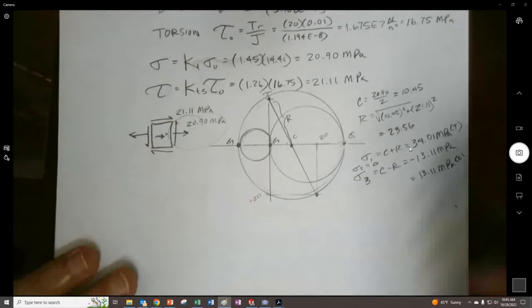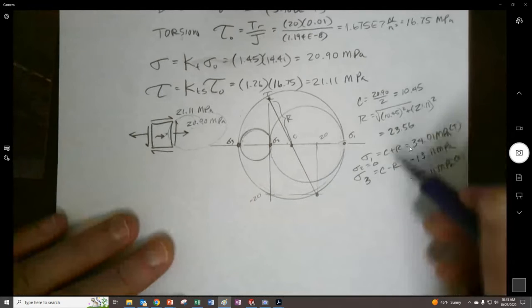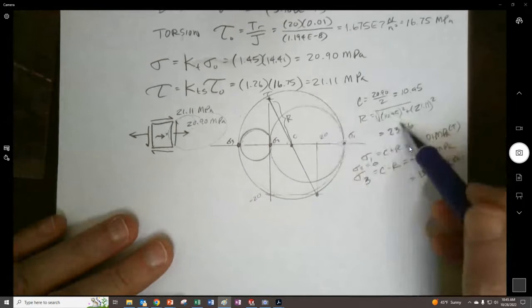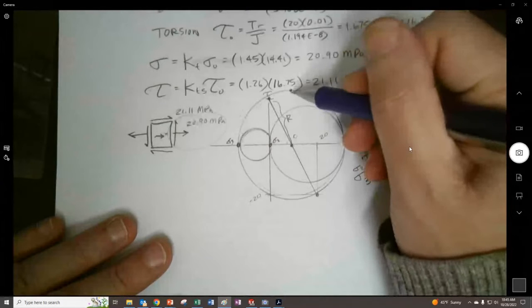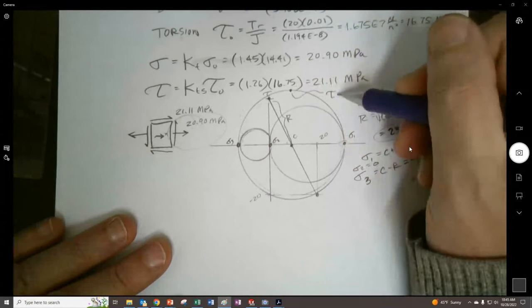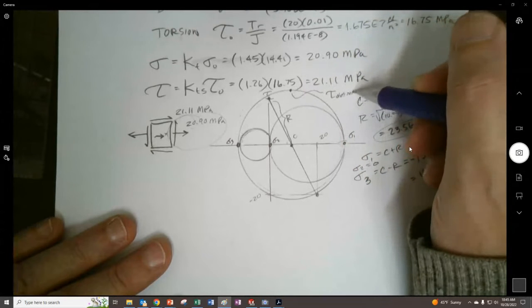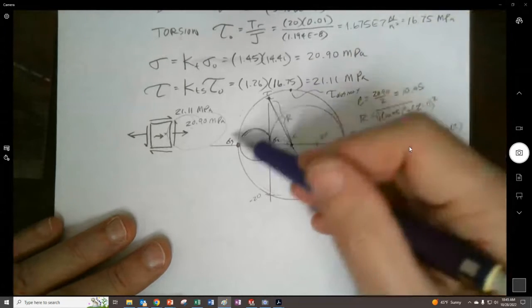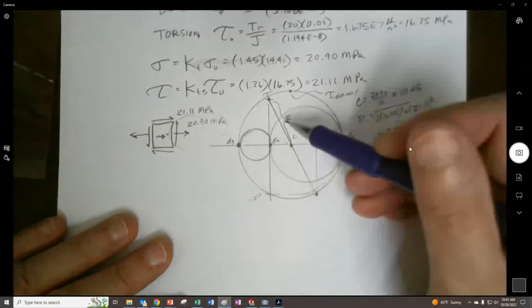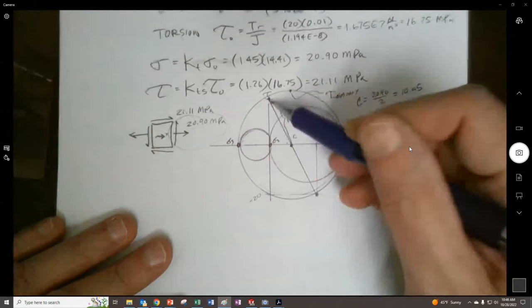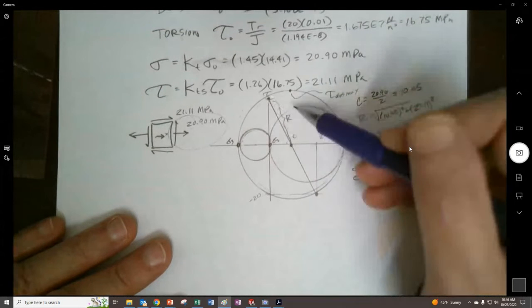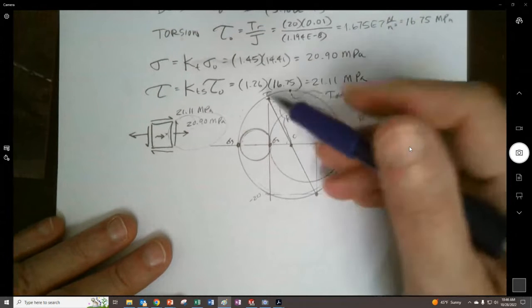Okay, so the one that we really care about for maximum shear stress theory is this guy. In this particular case, this is the tau abs max, right? Because we have three more circles, but this main Mohr circle is the one that has the largest radius, the largest shear.